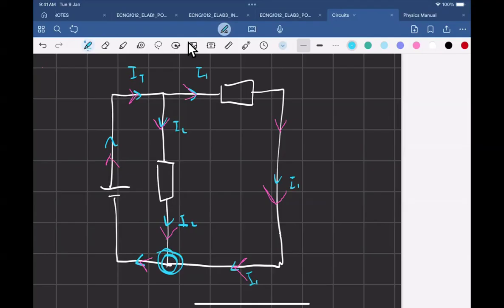You could call it I3 if you want, but it doesn't make sense to do that. You could call it something simple: I1 plus I2. If you add I1 and I2, what do you get? No, you would not get I3. IT, the total current in a circuit. Makes sense, right?